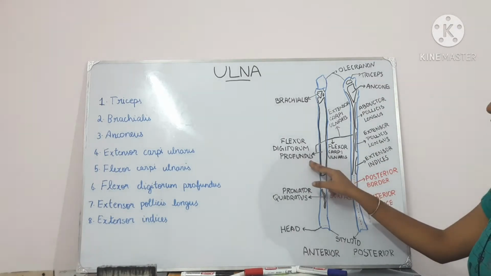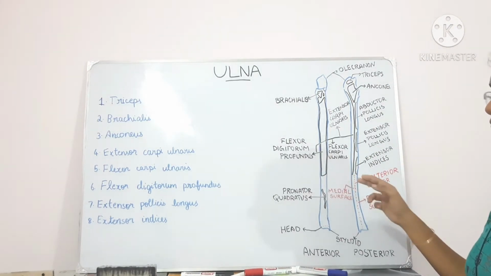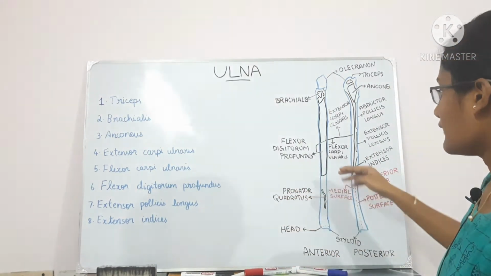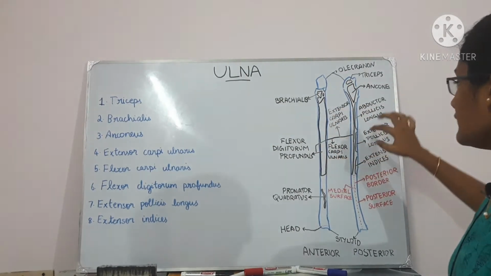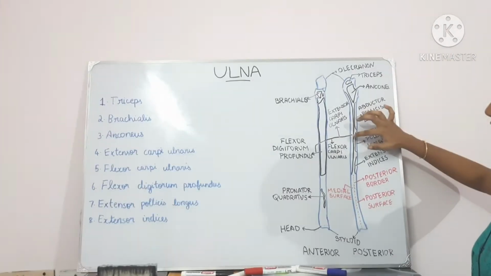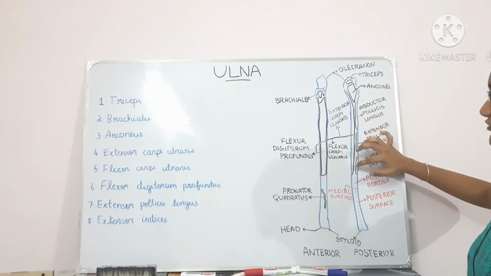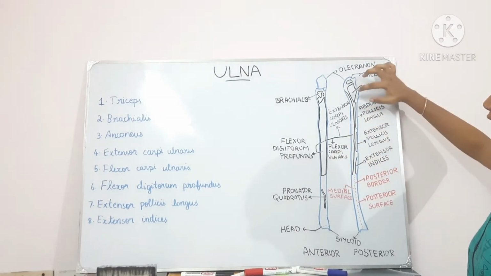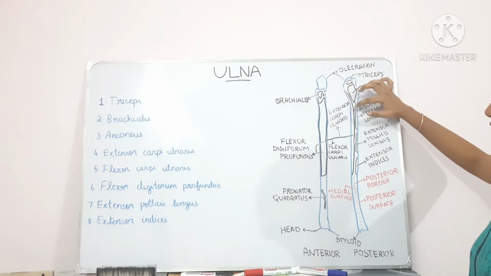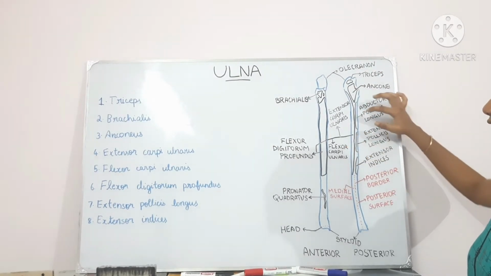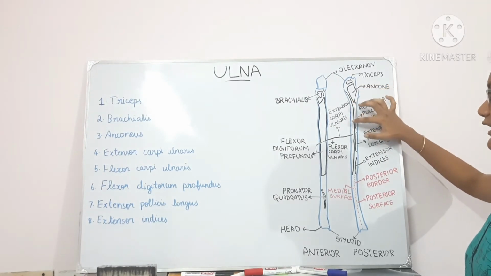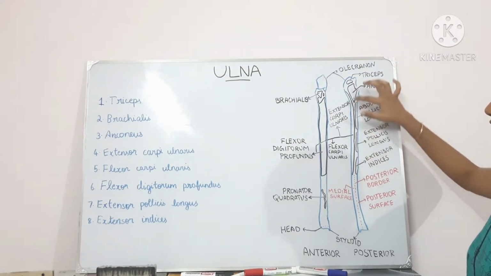And the flexor digitorum profundus arises from three things, that is the upper 3/4 of the anterior surface, and then over here on the medial aspect of the posterior surface, and then the medial aspect of the olecranon process. The flexor carpi ulnaris and the extensor carpi ulnaris arise only from the medial aspect of the posterior surface.